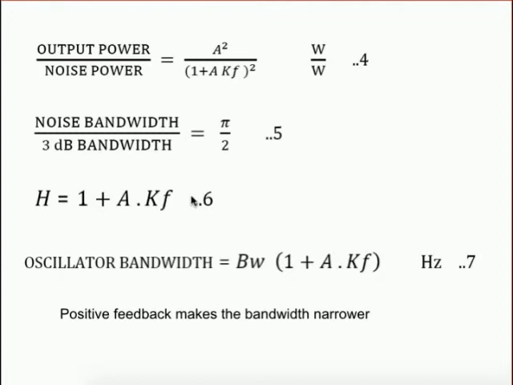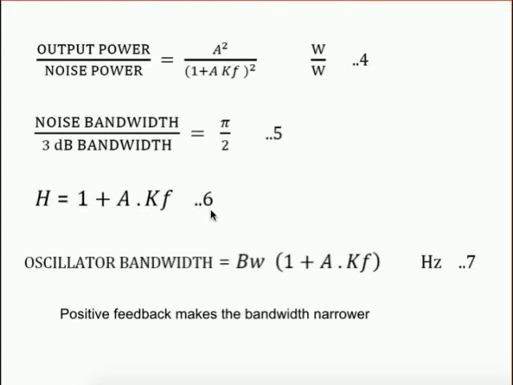Now another variable we need to define is H. This is just for convenience. H is the bottom of the feedback equation at center frequency. So this here is the ratio by which parameters are changed by the feedback.